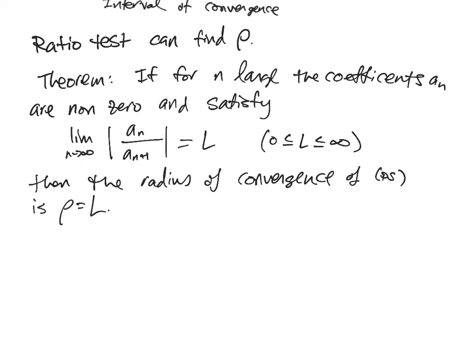So there are some examples of this in the book and in the homework, and I hope you've done it in calculus. If the limit doesn't exist, it might not even be infinity. If it's infinity, that's good, but it might just oscillate around and then it doesn't tell you anything. There are some other methods that you can use, like the root test and so on. But this is the easiest way to find rho if it works. And then you can check the values at the endpoints of your radius.